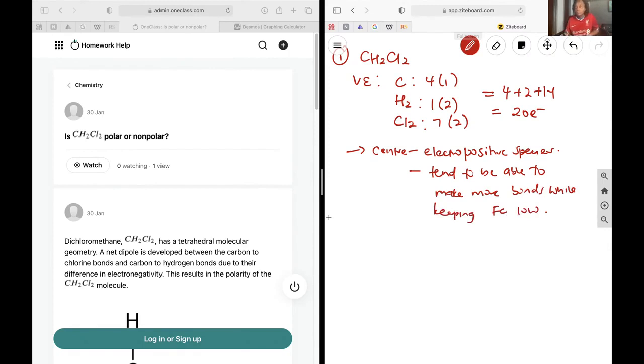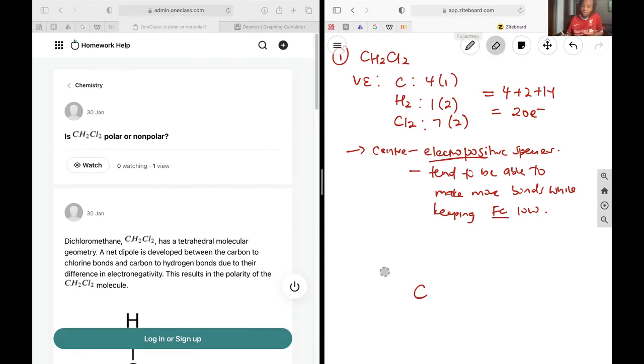This makes sense because they're electropositive, they lack electrons. They tend to be towards the left of the periodic table, and so they tend to be able to make the most bonds without messing up their formal charge.